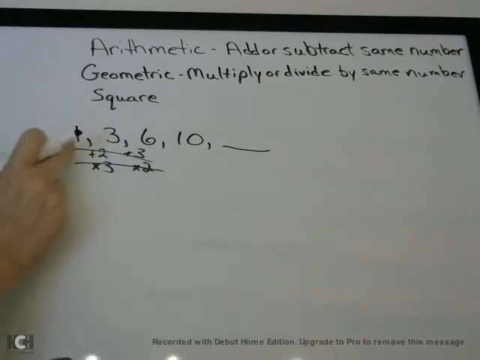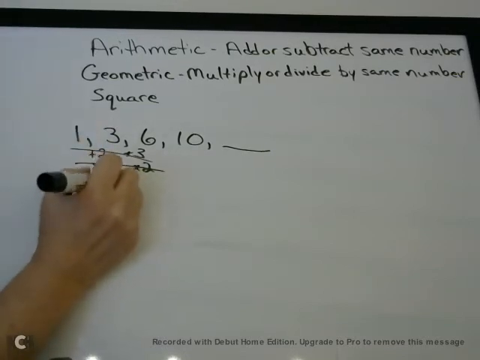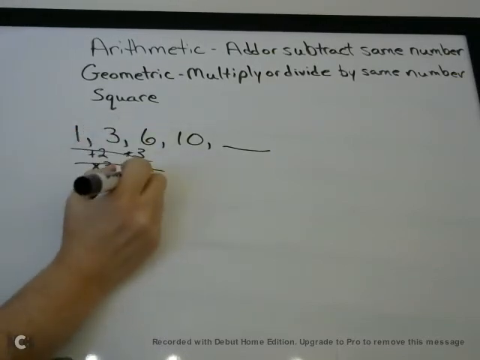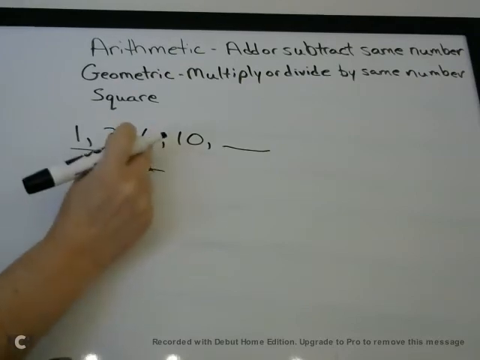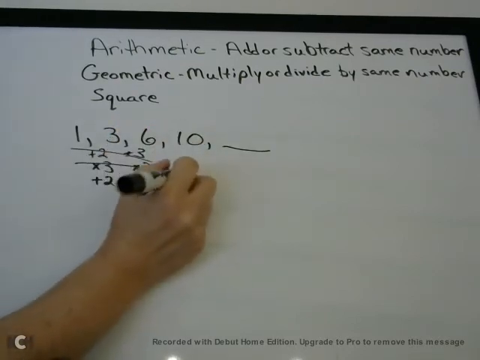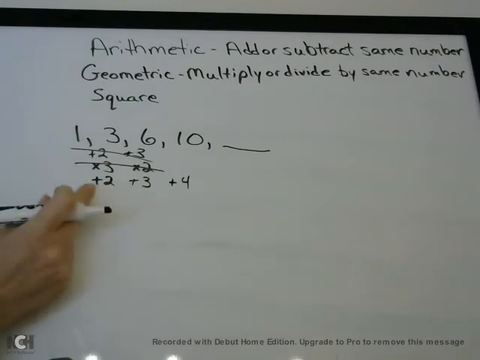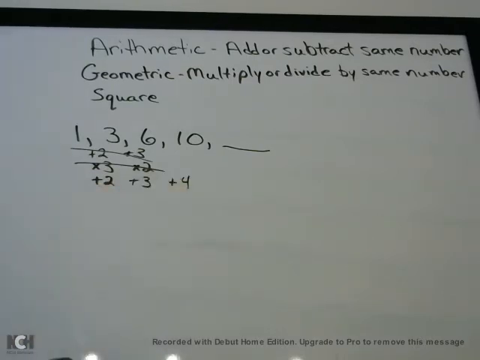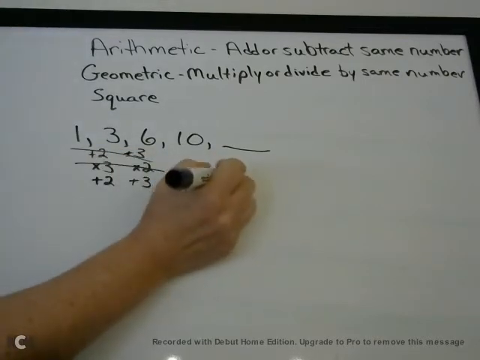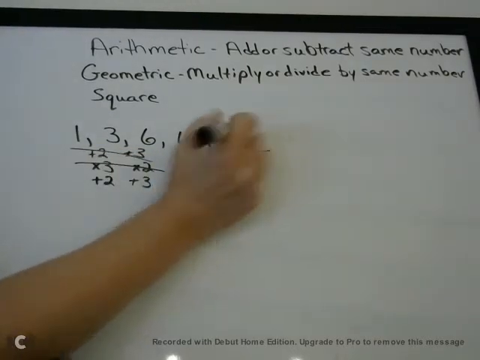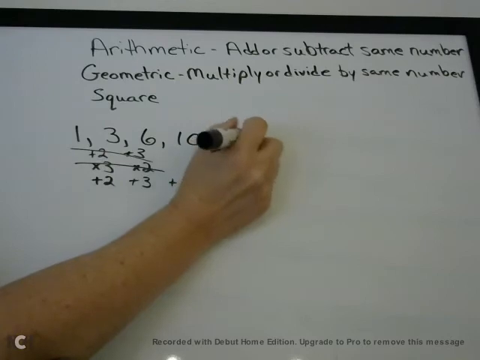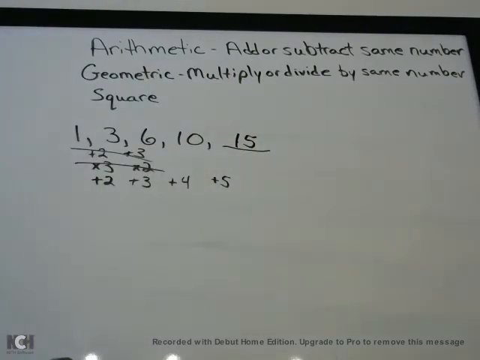From 1 to 3, we're adding 2. To go from 3 to 6, you're adding 3. To go from 6 to 10, you're adding 4. So this is a pattern, right? 2, 3, 4. So it would be logical that next you would add 5. And so 10 plus 5 is 15. So that would be the answer to that question.